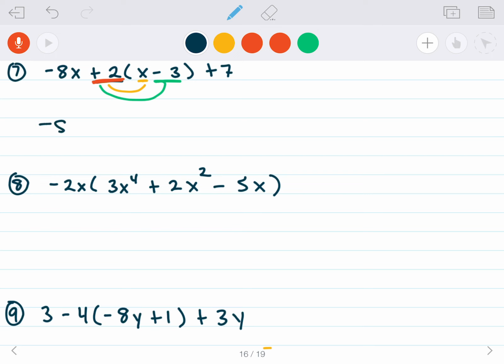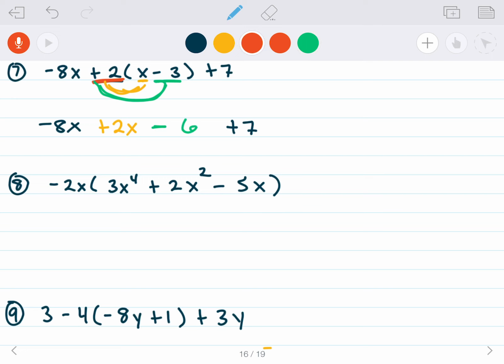Okay, so everything else can come down. Negative 8x and the positive 7 can hang out down there. And then we'll do the distributive property. So the first distributing is positive 2 times positive x, and that's a positive 2x. I'm multiplying. Positive 2 times positive x is positive 2x. Now we have positive 2 times negative 3 is a negative 6.